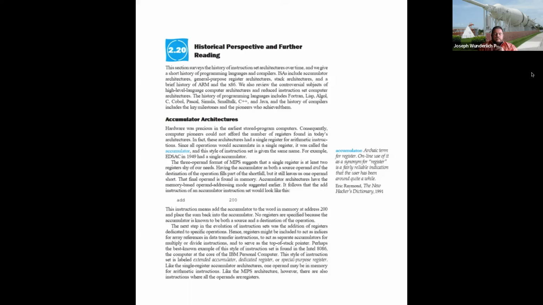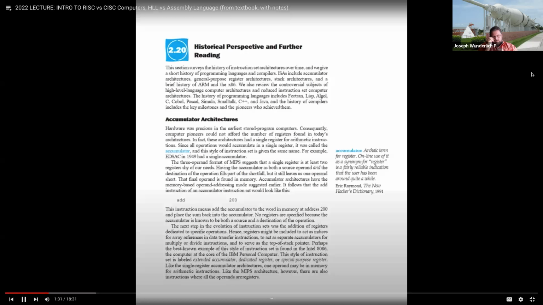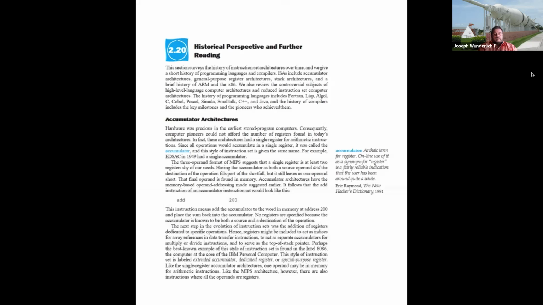And those registers nowadays don't necessarily have a default register that catches all the calculations coming out of the arithmetic logic unit, the ALU. In olden days, and still in some microcontrollers, you have an accumulator, which is a default register that the results of calculations go into.